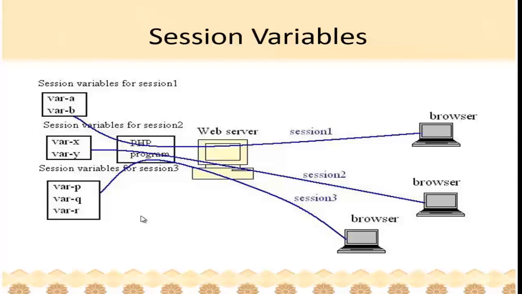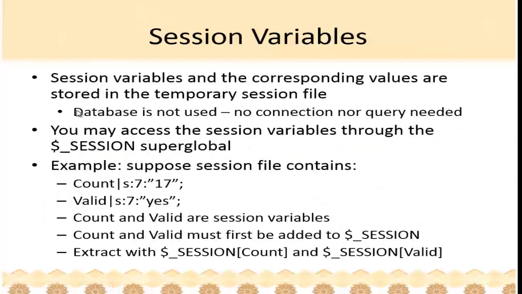Whenever a user creates a session, what we do within our program is, per user session, we store the details in a separate memory location that is identified by the session number. And in the last class, I have already shown you that this information is actually stored in a file, usually in the form of the name of the variable, the type of it, the length of it, and the value.